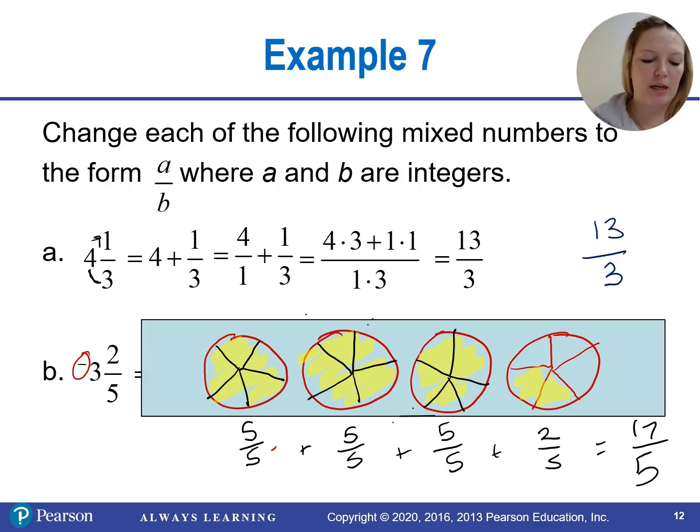But the reason this works is because we split up the 4 wholes and the 1/3, and then I take my 4 over 1 and multiply the numerator and denominator both by 3, which gives me 4 times 3 over 3, and then I can add my numerators together to get 12 thirds plus 1/3 is 13 thirds. And I also forgot to put my negative back in.